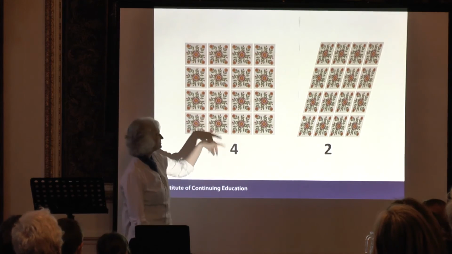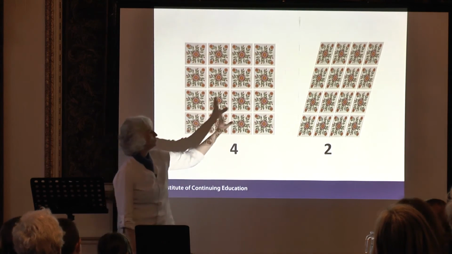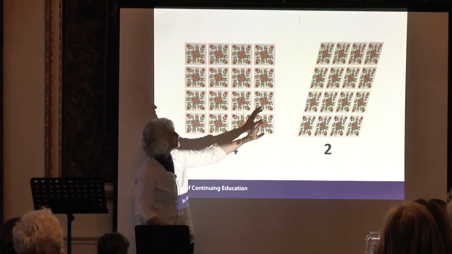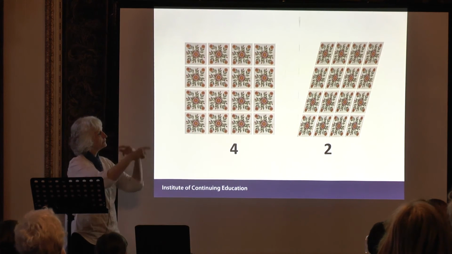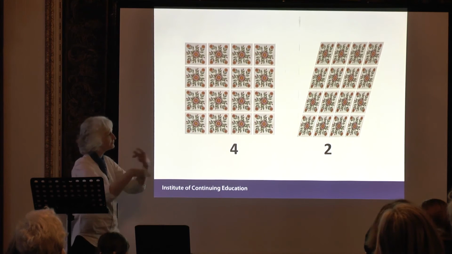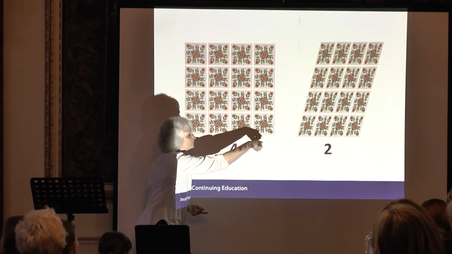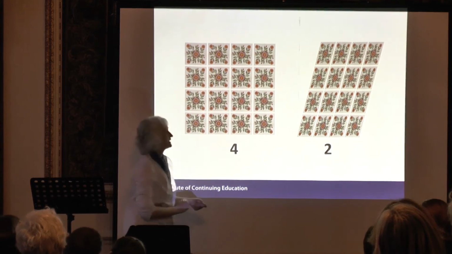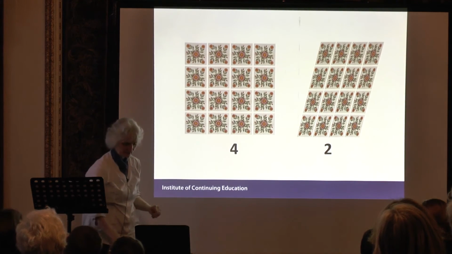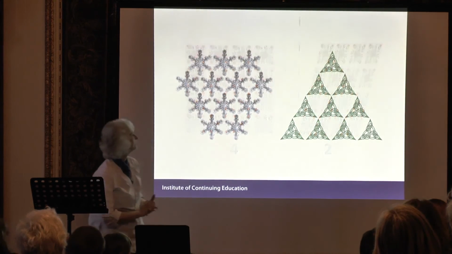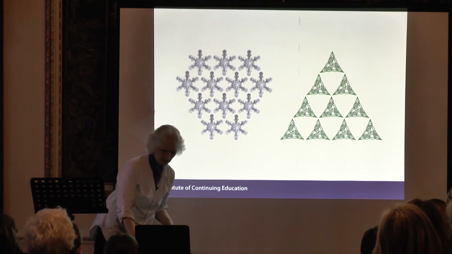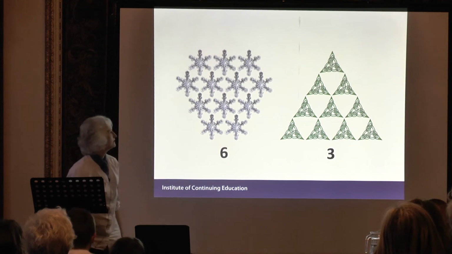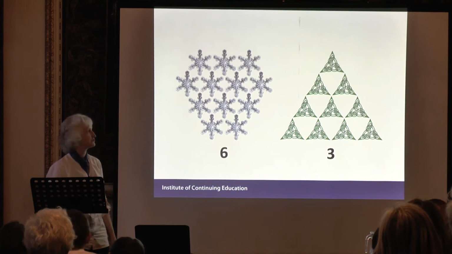Actually, we don't just need to do it with squares. We can squash it and stretch it, and we can see that if we have tiles which just have a twofold rotation, we have to go around halfway and back again, we can still carry on repeating them forever and ever, and it's all fine. We can do that with things which have sixfold symmetry and things which have threefold symmetry.